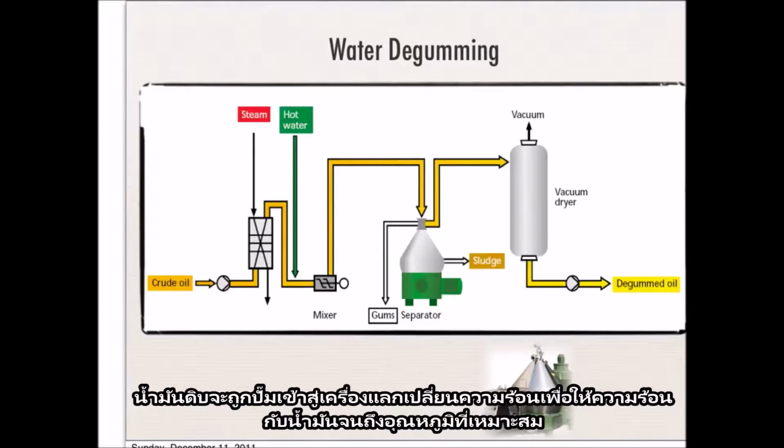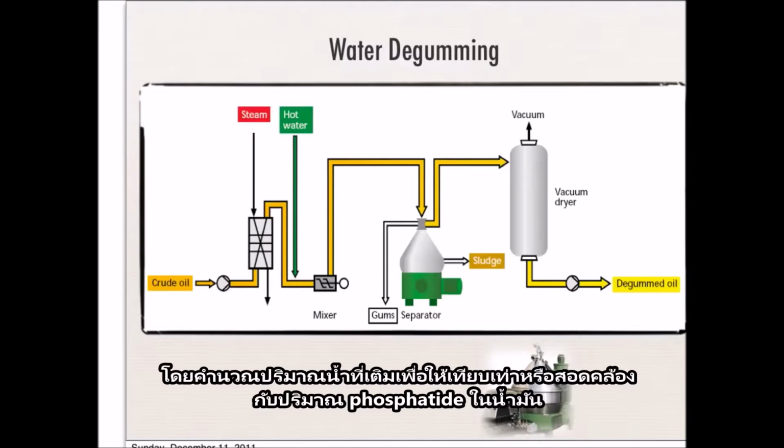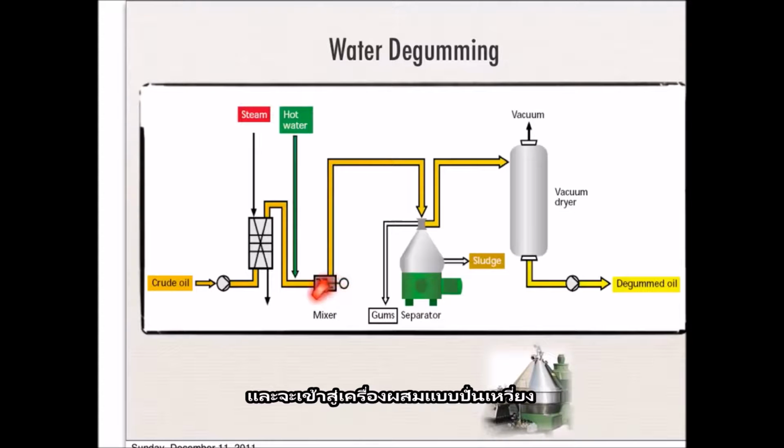So the crude oil will be pumped through the heat exchanger to heat up the oil to the optimum temperature. Then after that, the hot water will be added to the oil. The amount of hot water added is calculated to correspond to the amount of phosphatides in the oil, and it will go to the centrifugal mixer here.